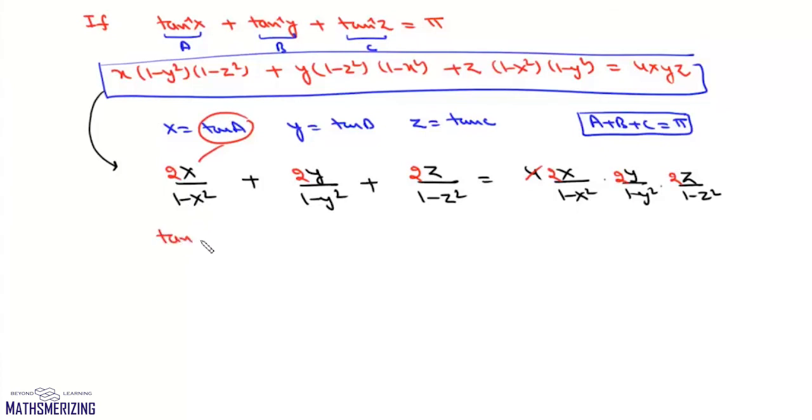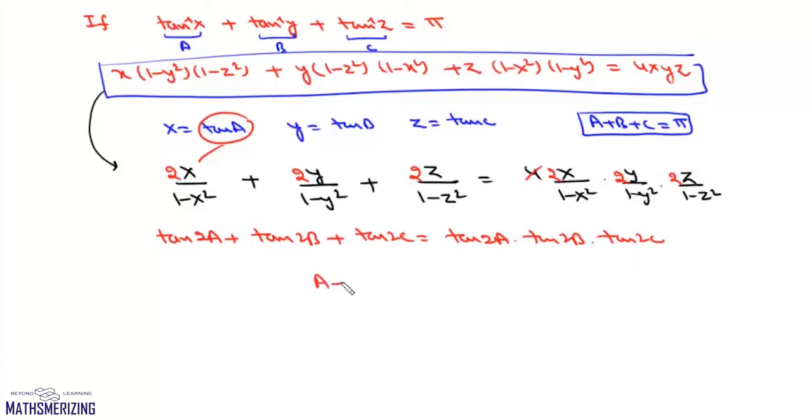So we can write this as tan 2a, this will be tan 2b, this is tan 2c. And here we'll get tan 2a into tan 2b into tan 2c. So now the question becomes, if a plus b plus c is pi, then prove that tan 2a plus tan 2b plus tan 2c equals tan 2a into tan 2b into tan 2c. So we'll start from here.